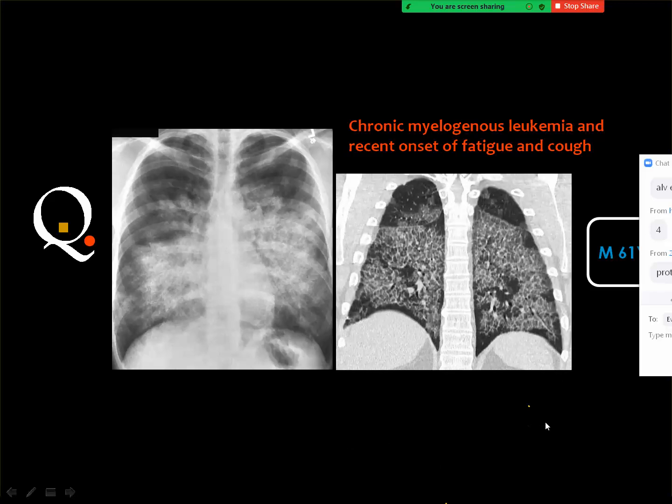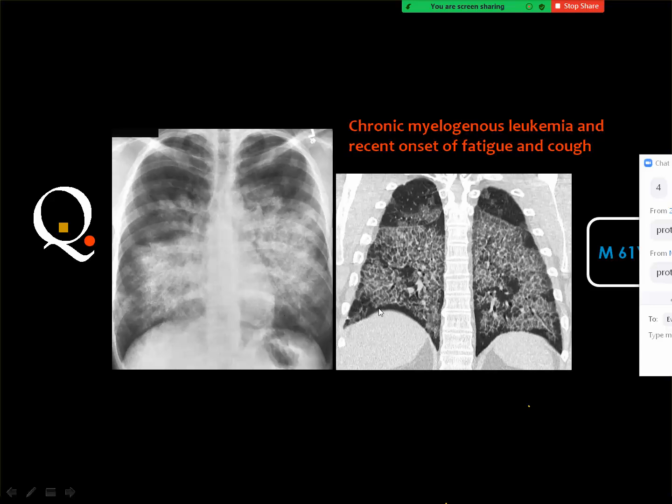Then whenever you see a disappearance, which is typical of proteinosis, the crazy waving pattern, then you are right to diagnose proteinosis.